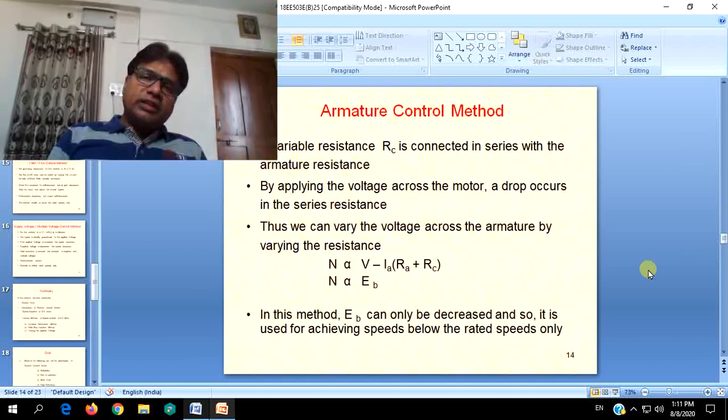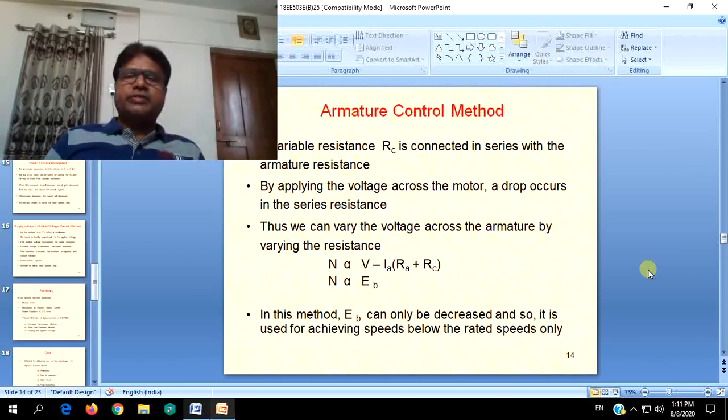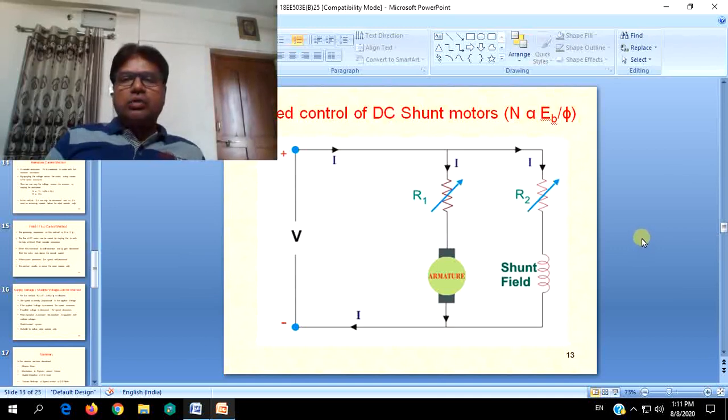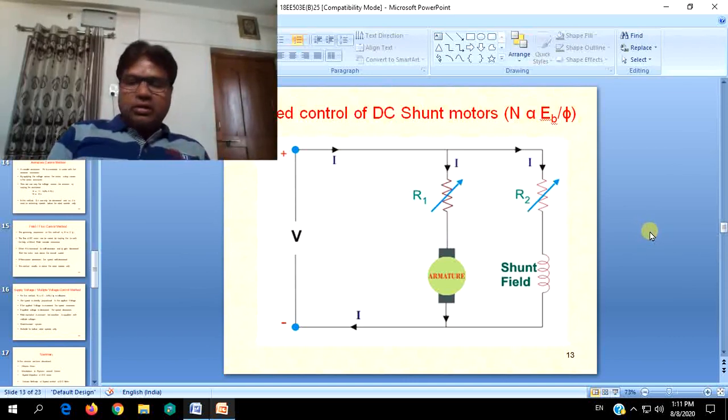And how we will choose the proper converter to suit the load requirements, and how the speed control in case of DC shunt motors and series motors will be achieved by power electronic converters, will be discussed in the next session. Thank you.